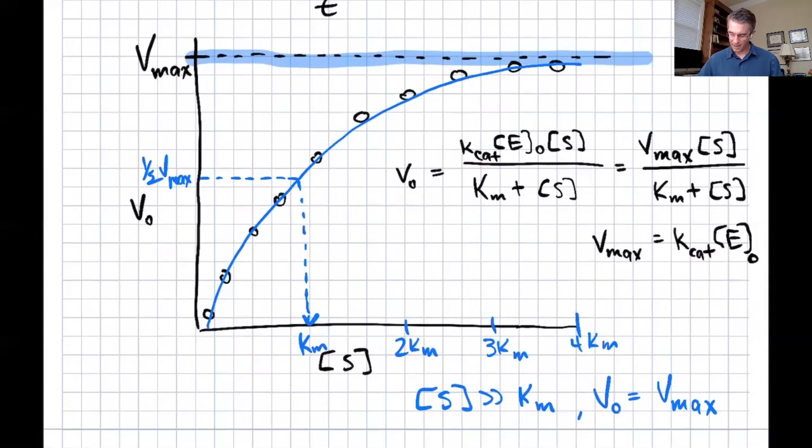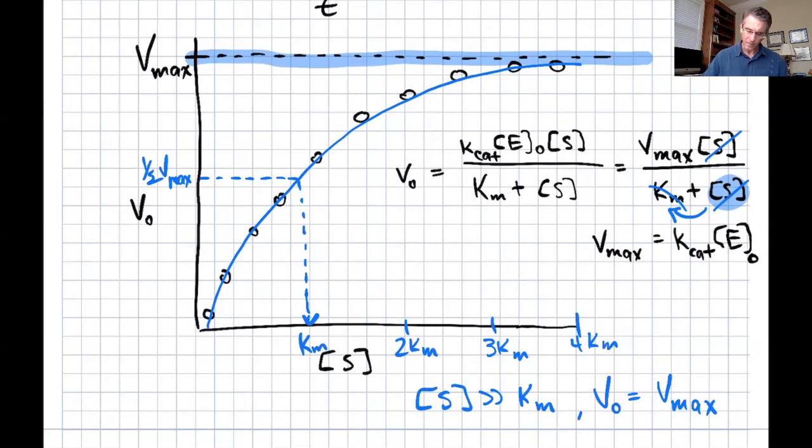You can see that if you even just look at this expression here. If the substrate concentration got much bigger than this, then in that ratio, this would basically become insignificant. That and that would cancel out, and V0 now equals Vmax.